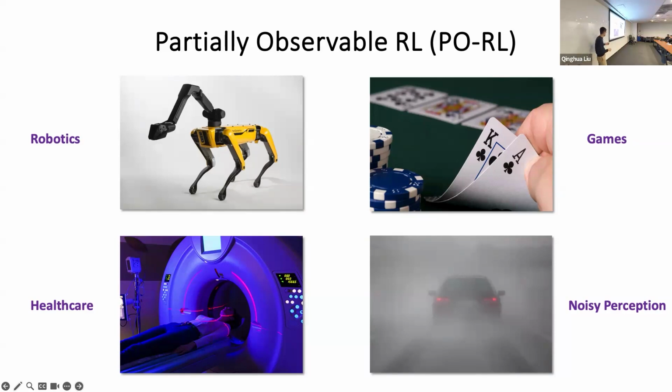And also in healthcare, a doctor may need to recommend a treatment based on a limited number of measurements of the patient's body. Another source of partial observability is noisy perception. Maybe you think you are dealing with fully observable tasks, but your measurement of the ground truth state is polluted by some noise. In this case, you are still solving a partially observable problem.